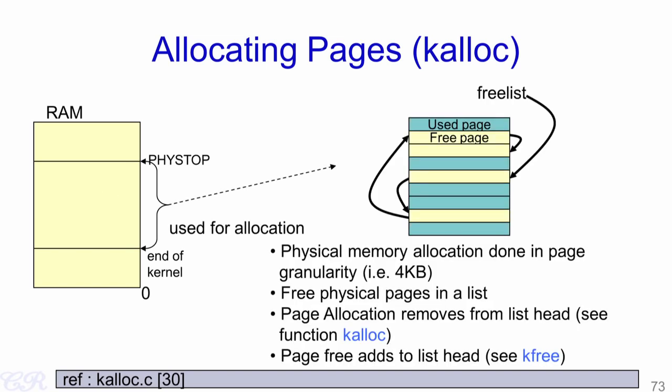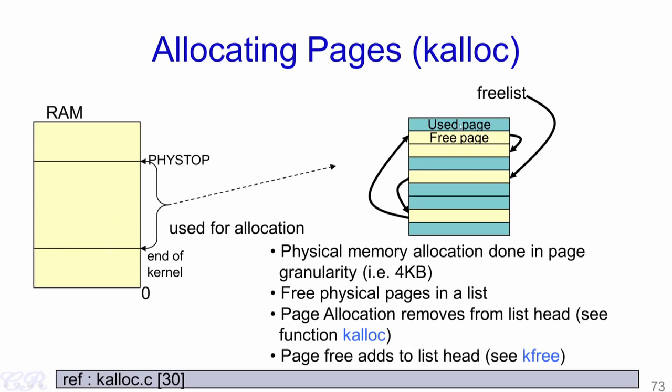In order to do this, the xv6 code maintains a linked list of free pages. As you can see in this figure, the pages are either blue or yellow. This entire region corresponds to the free memory region in the RAM.